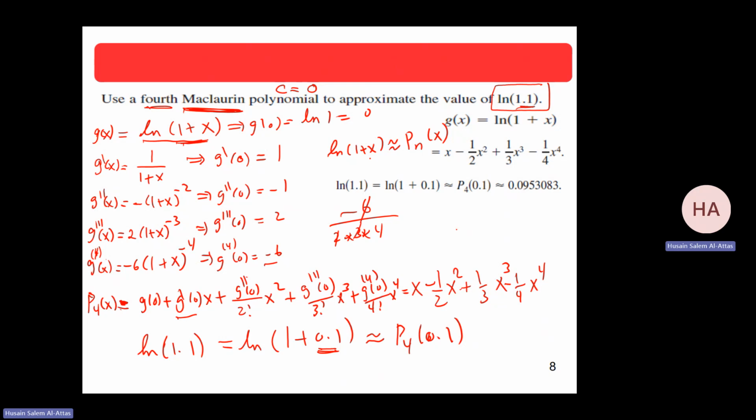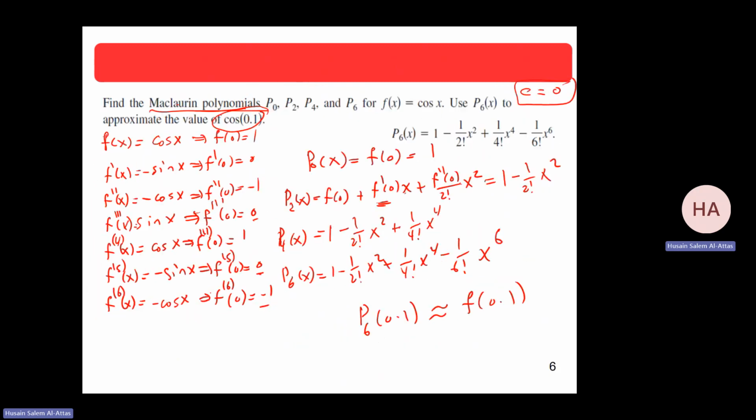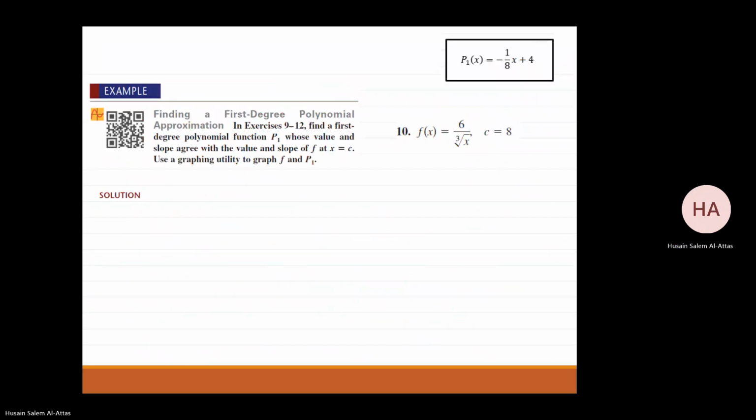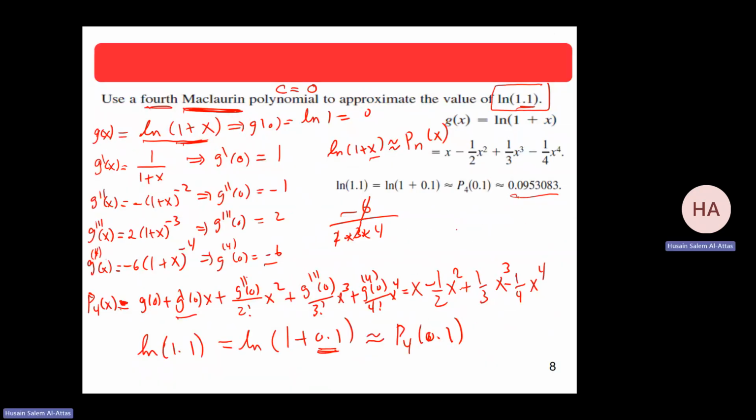So I choose x to be 0.1, which is not far from ln 1.1. Yeah, we did ln 1.1 before. Yeah, 0.0453102, almost the same value.